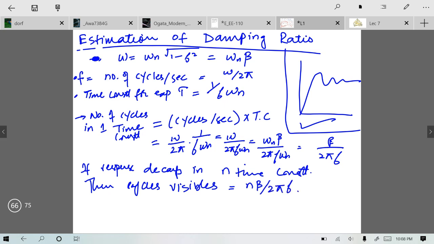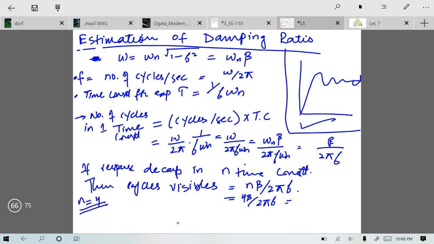Now this n is variable. Normally for a second order system, the response decays in four time constants. After four time constants, the response has decayed. So I can write n is equal to 4 for a second order system. Then the number of cycles visible would be 4 beta over 2 pi zeta.